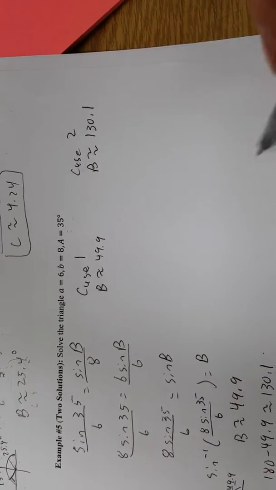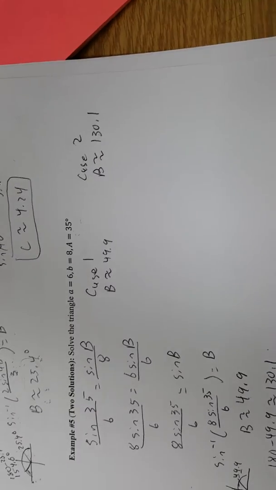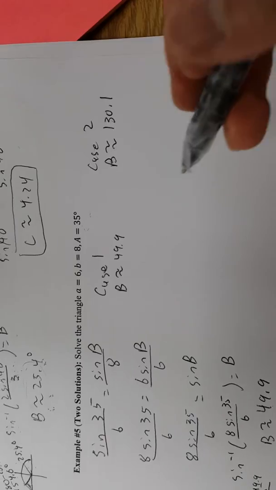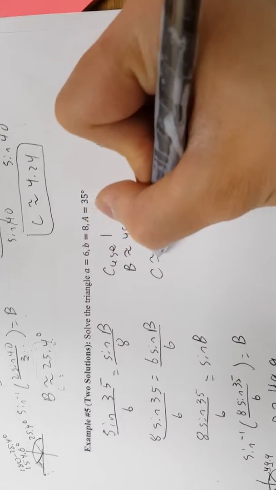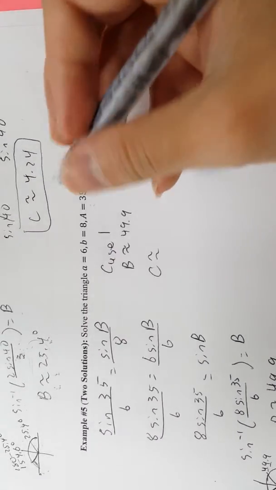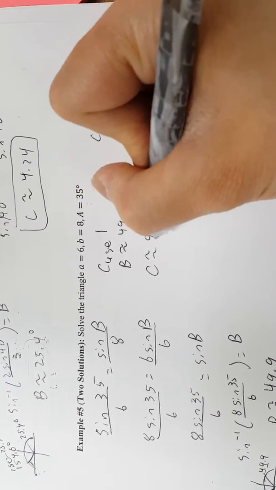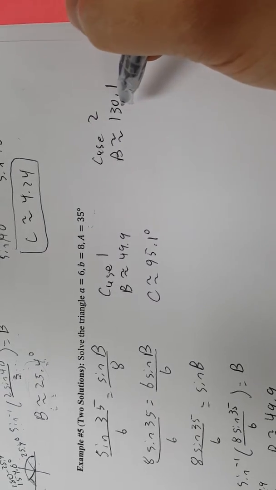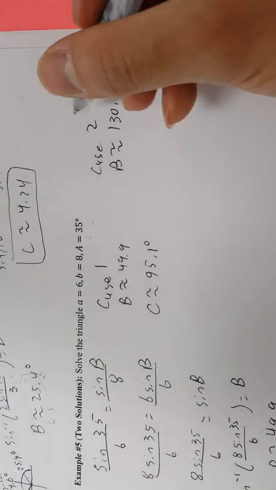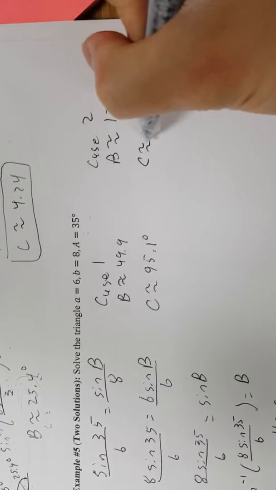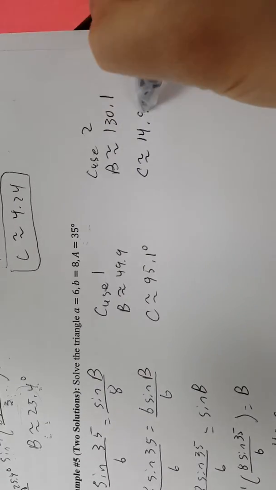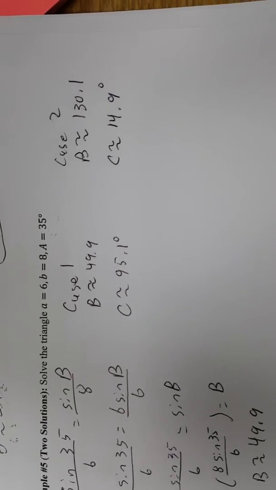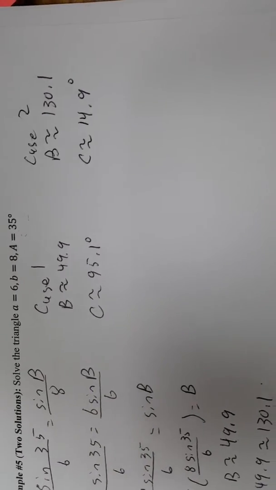Now, in case 1, if B is approximately 49.9, then that means C is approximately 95.1. And in case 2, if angle B is 130.1, then I know angle C is approximately 14.9 degrees. Okay? So once again, there are two possible triangles that can happen from this information.